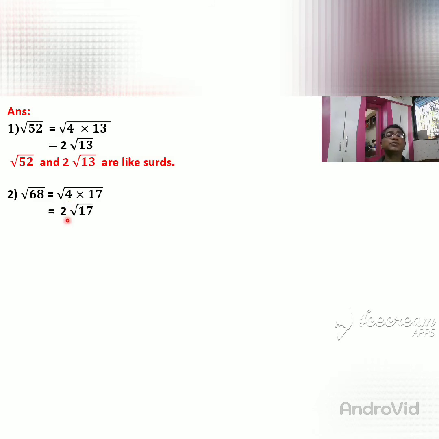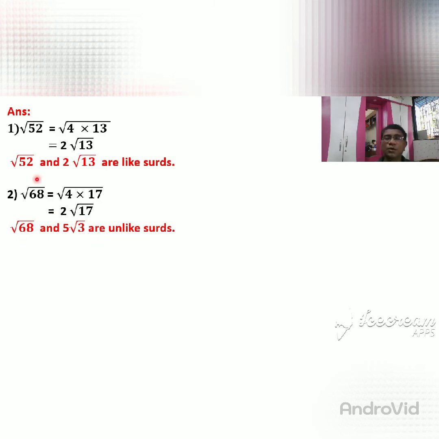So here you get square root of 4, which is 2, with radicand 17. So the square root of 68 factorized gives 2 square root of 17, and here in the square root sign there is 3. So they are not like terms, because in one there is 17 and in the other there is root 3. So they are not like surds.